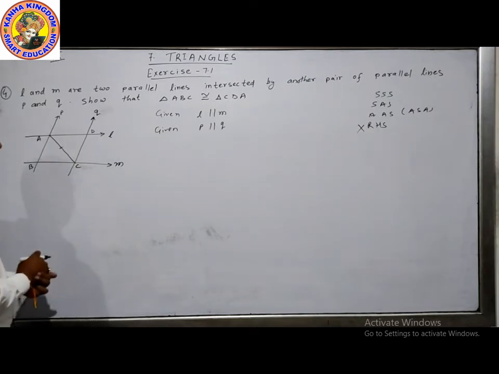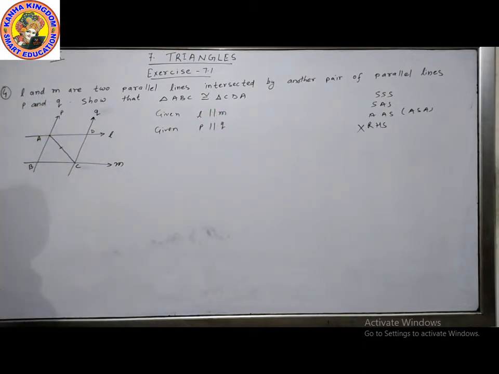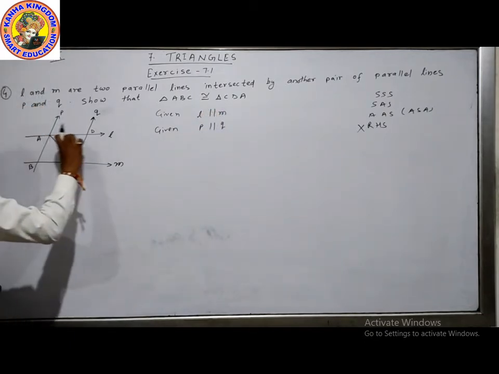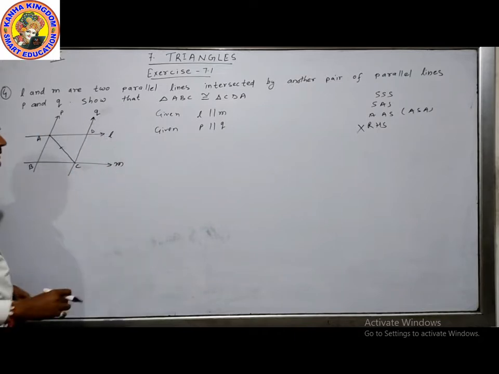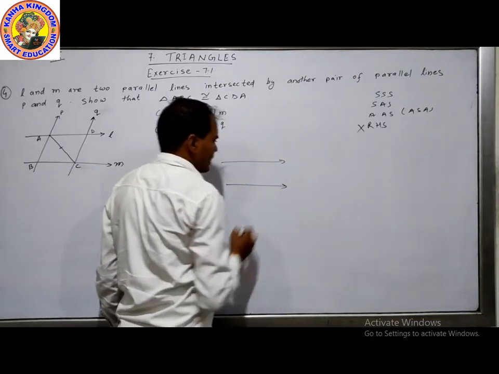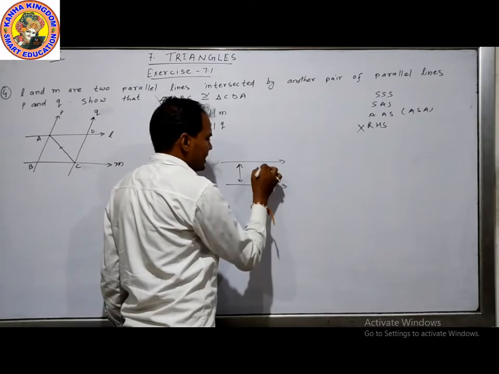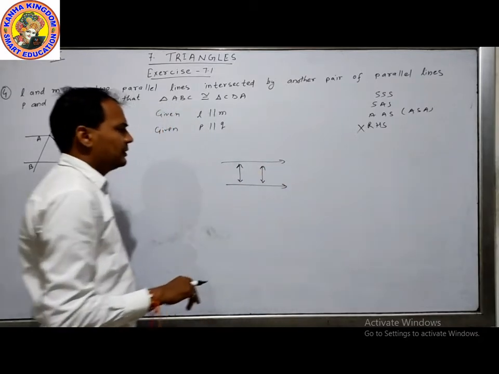So move to another. Given L and M are parallel. When two lines are parallel, the distance between these lines at any point will be equal.